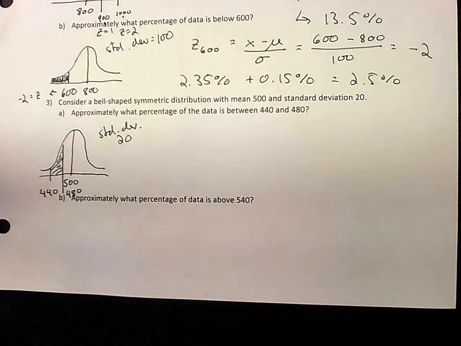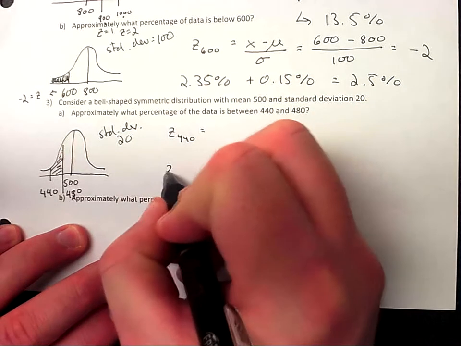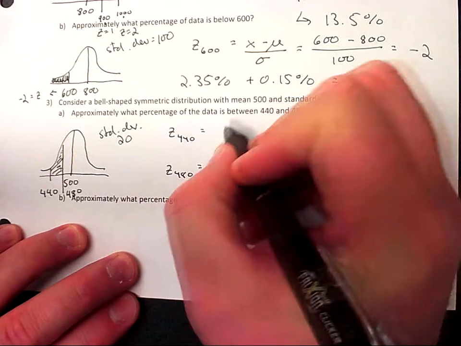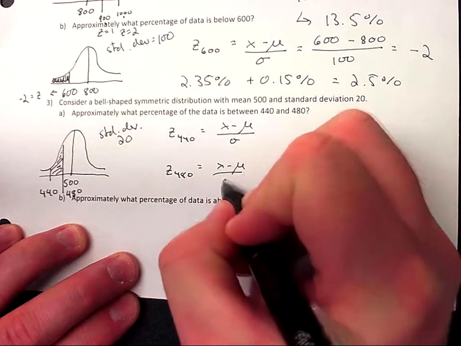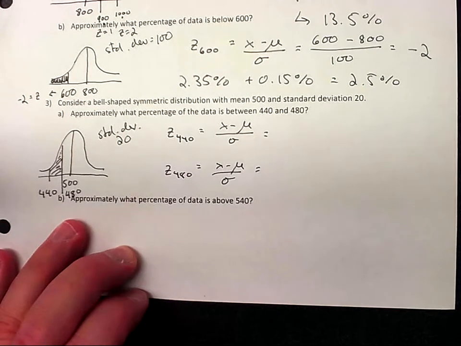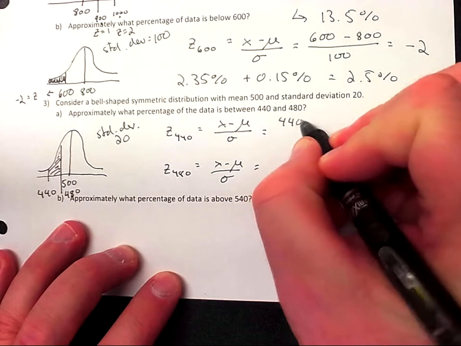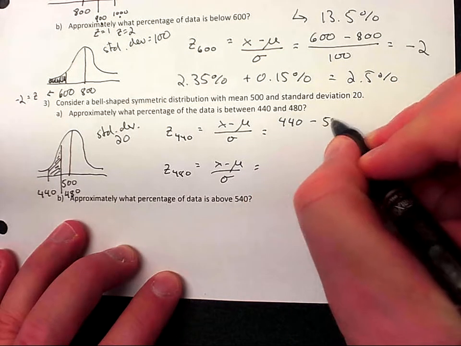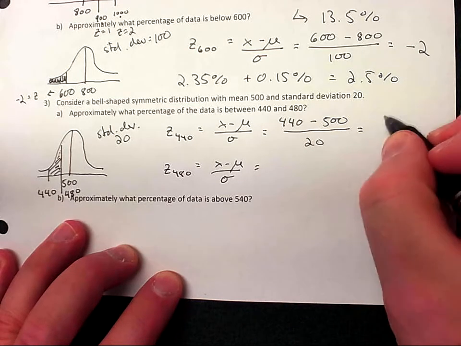Finding the z-scores of both 440 and 480. So we're going to have the z of 440 and the z of 480. Again, we don't know whether it's a population or a sample, so I'm just going to use the z-value formula for a population. Here the x value is 440, our mean is 500, and our standard deviation is 20.